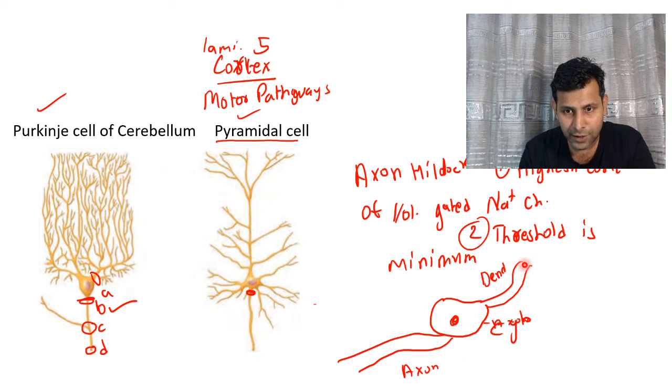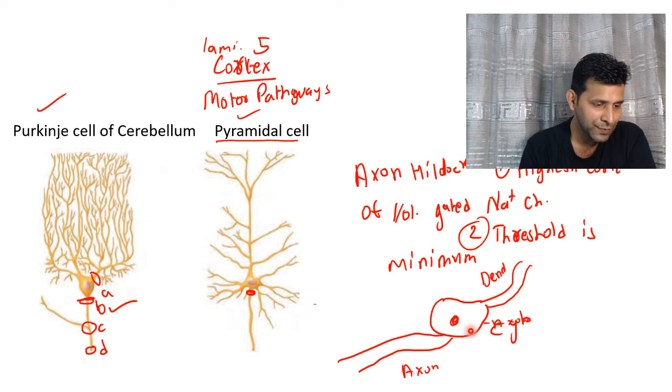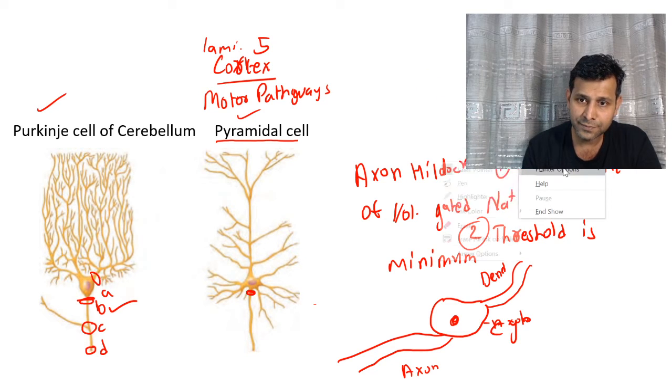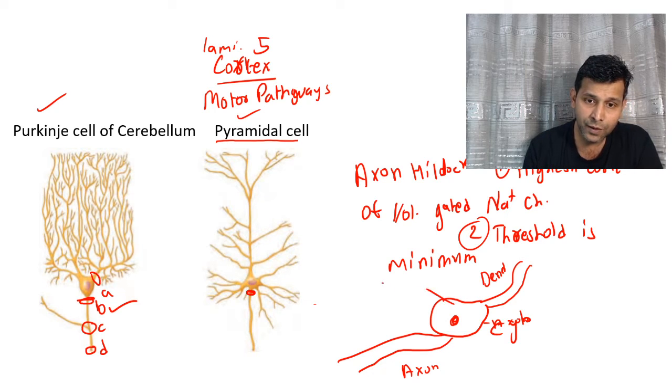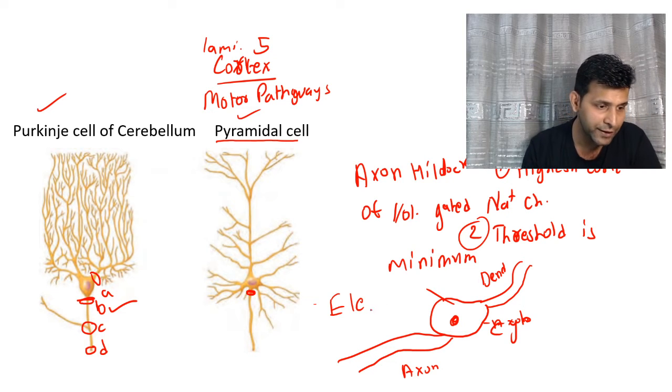What will this impulse be known as? Yes, the answer is this impulse is known as electrotonic conduction, or local current. Very good, people.